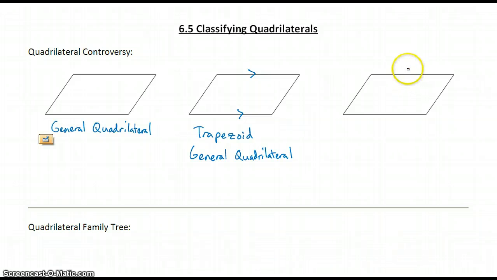Now here's where the major controversy comes into play. If I take this quadrilateral with one pair of given parallel sides, and I'm given that this second pair of sides is also parallel, I can conclude that this shape is a parallelogram.